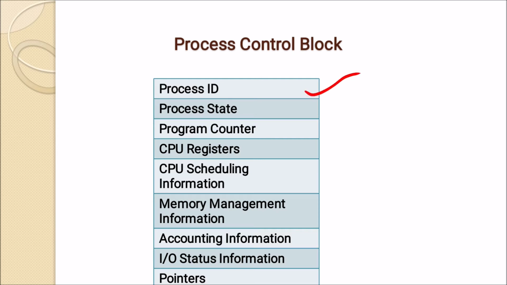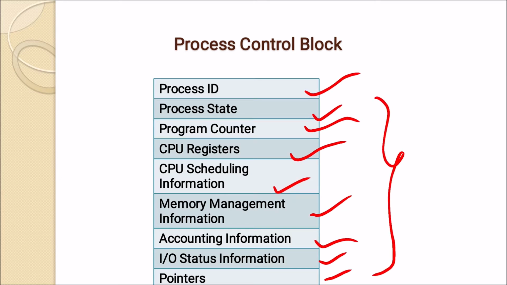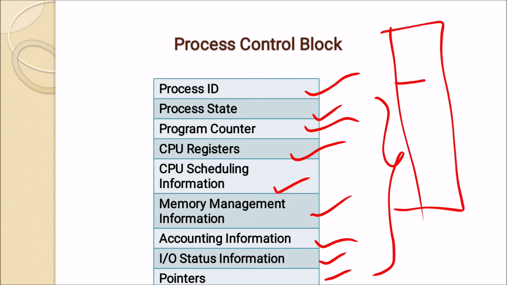Process ID, the state of the process, program counter, CPU registers, CPU scheduling information, memory management information, accounting information, I/O status information, pointers. This information is stored in the PCB, which is a part of the process table. So for a single process there is a PCB, and it stores this many fields.